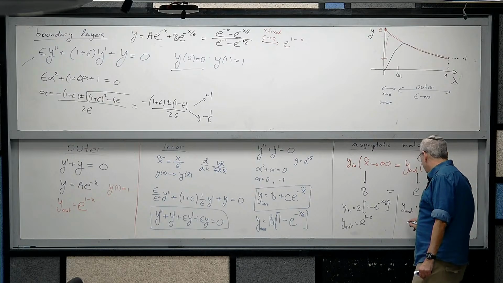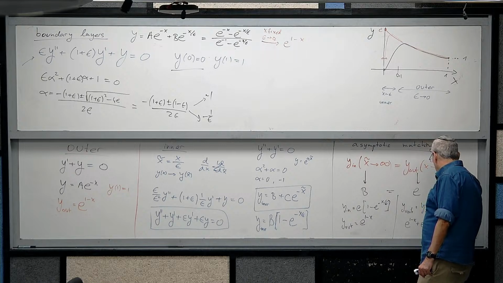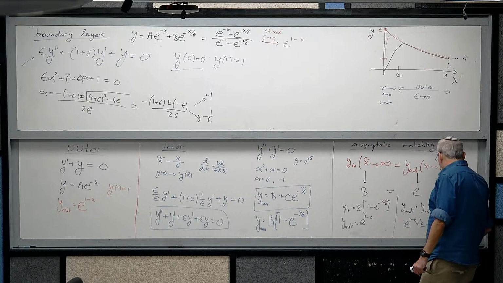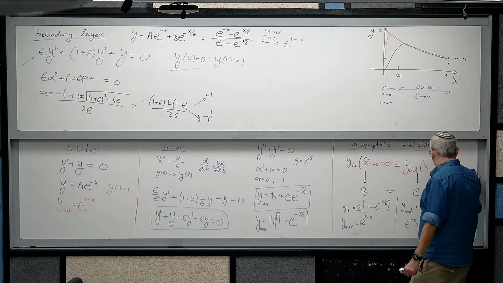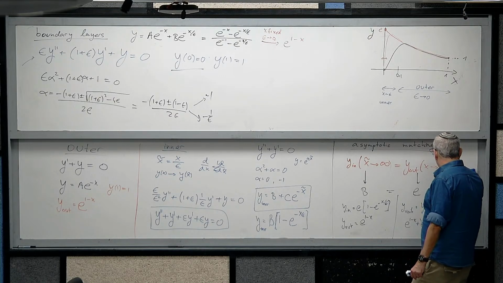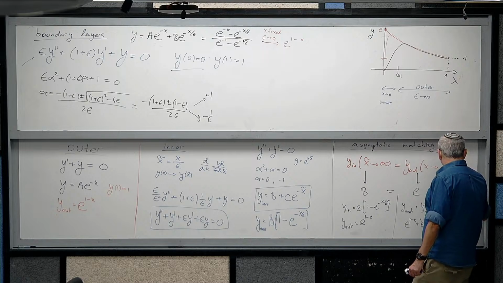So you get e to the 1 minus x plus e minus e to the 1 minus x over epsilon minus e. So this e cancelled, and what we got for the uniform approximation is y uniform equals e to the 1 minus x minus e to the 1 minus x over epsilon.